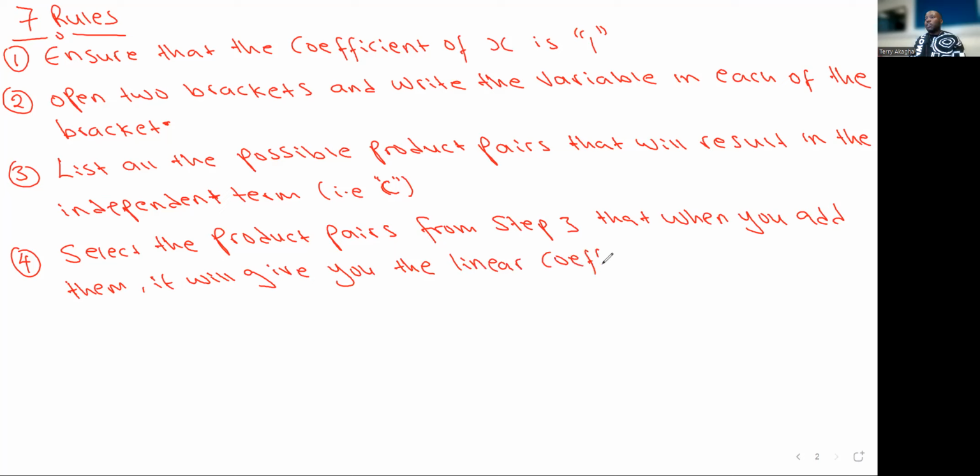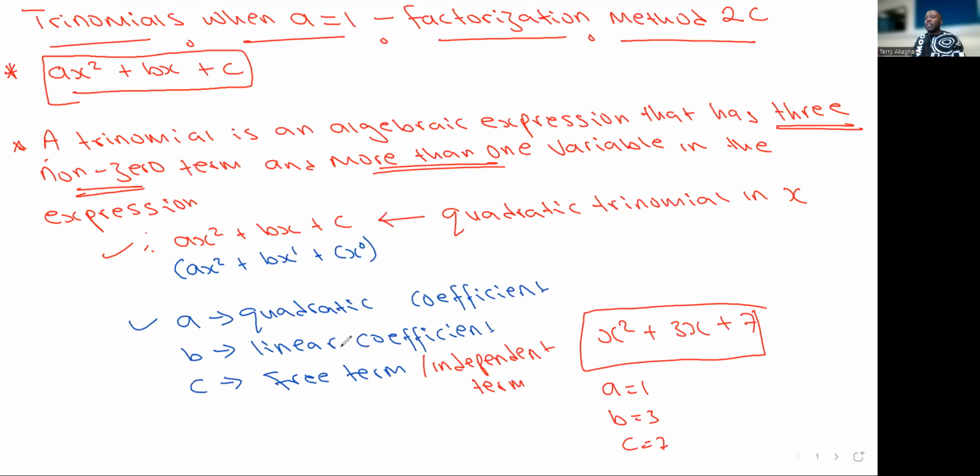So that is going to give you the b. Do you remember I told you the b is the linear coefficient? So you're looking for 2 numbers that you multiply that will give you c, but when you add those numbers, it's going to give you what? B. That's what I'm trying to say.